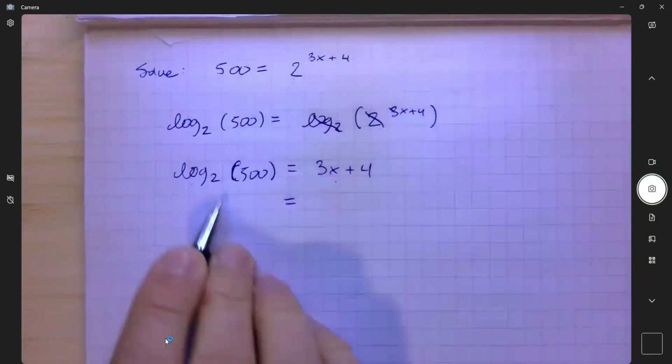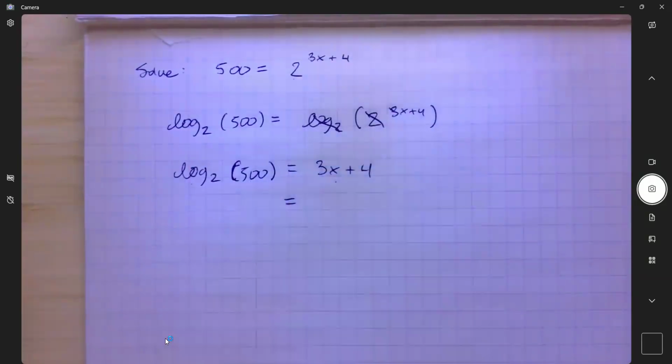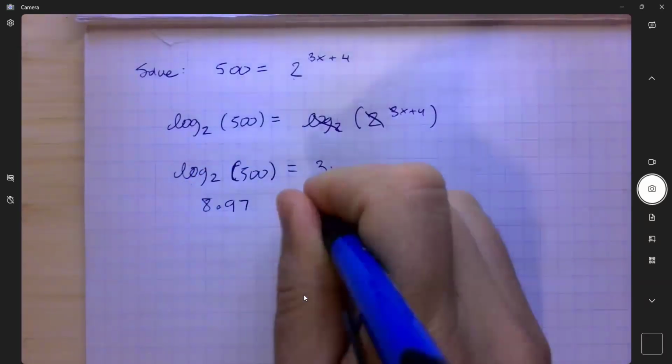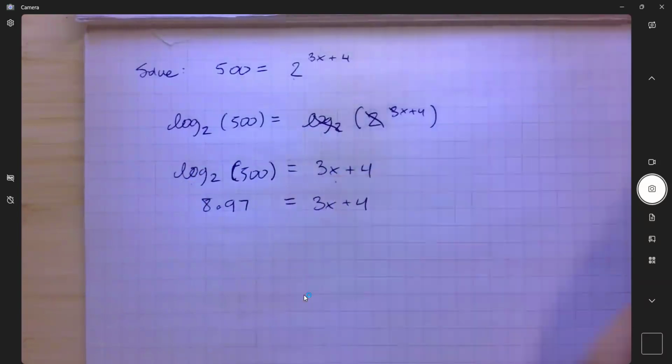Now Desmos is going to give me a decimal approximation for log base 2 of 500. I'll do that really quick. Log base 2 of 500 is approximately 8.97 equals 3x plus 4.